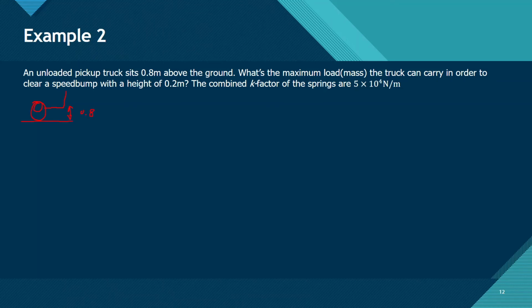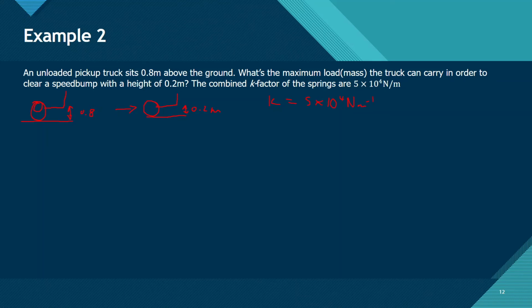In the second scenario, we want to find the maximum load, so we know that the new distance will be right here. The truck is going to squat, and it's going to be 0.2 meters. They also gave us the K factor, so we know that K is equal to 5 times 10 to the 4 newtons per meter.